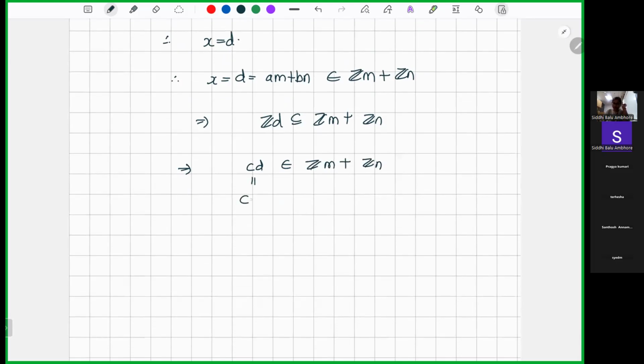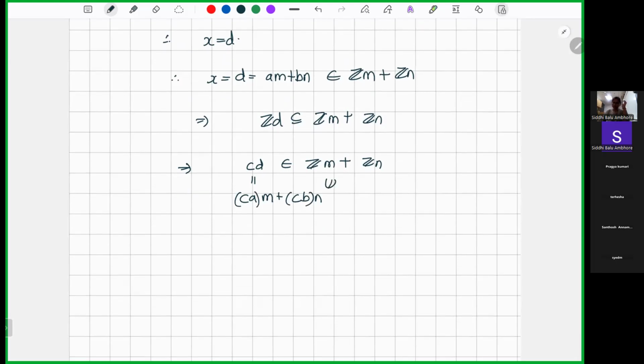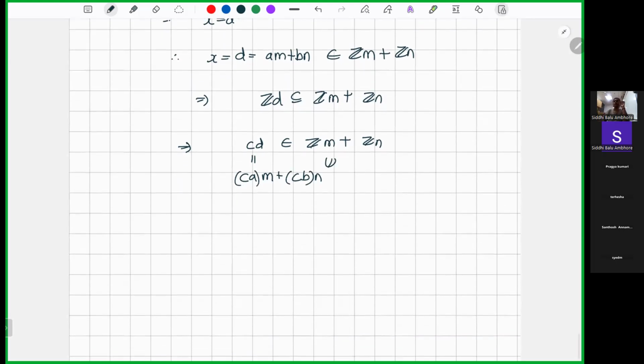Because this is what? cam plus cbn. And this belongs here. And this is true for all c in Z. And once I have this, it implies that Zd is a subset of Zm plus Zn. I hope this is clear to you.